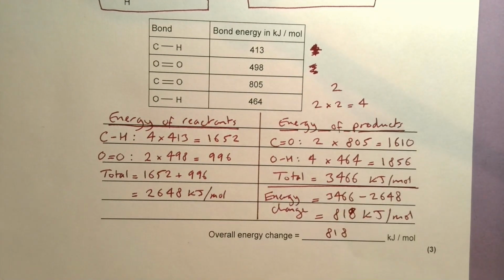Okay, so that's how we do it. So find the energy of the reactants, energy of the products, and take the small number from the big number, and that will give you the total energy change.